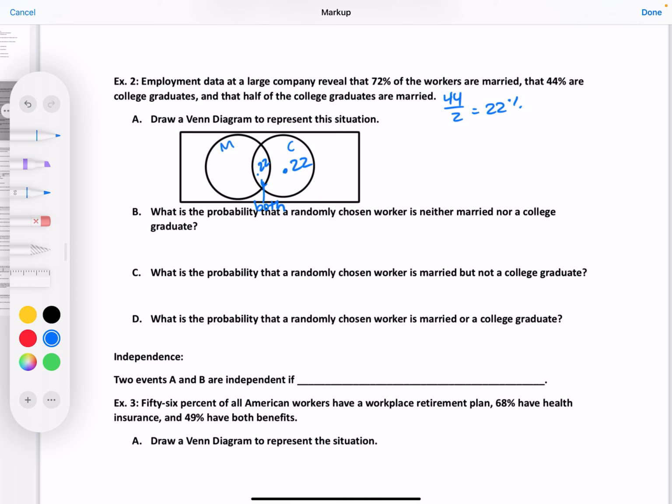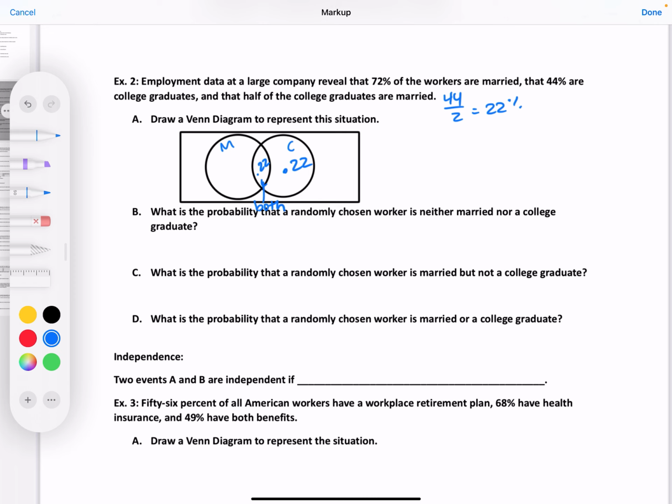So then it says 72% of the workers are married, but we know 22% of them are also college graduates. So how many are just married and not college graduates? What do you say? It is 72% are married. Yeah. And it's 44 college graduates. But of those college graduates, only half of them are married.